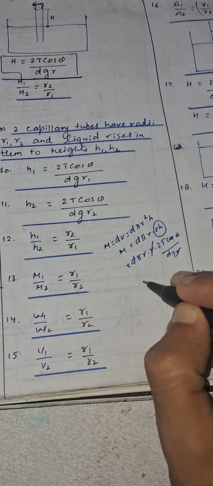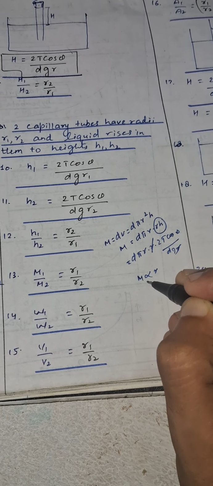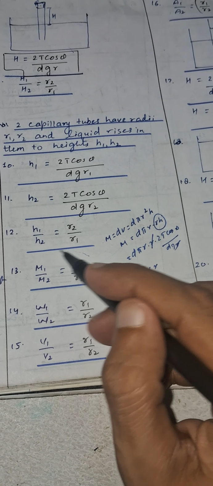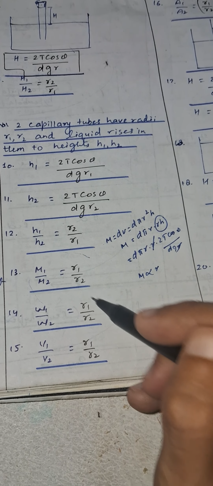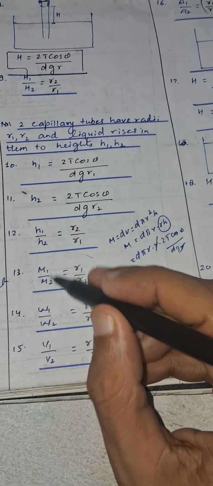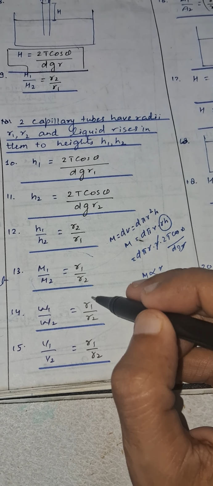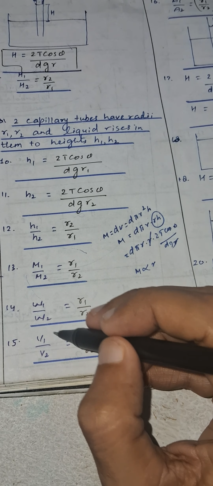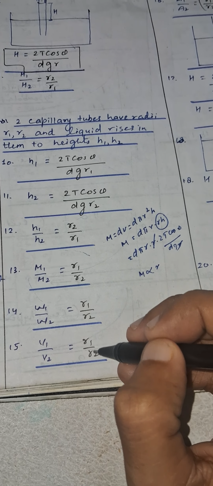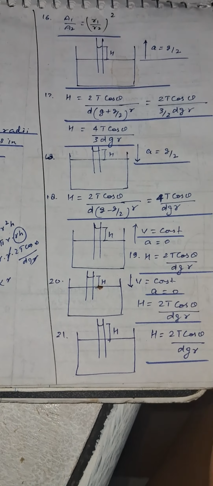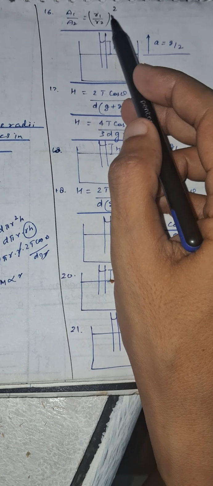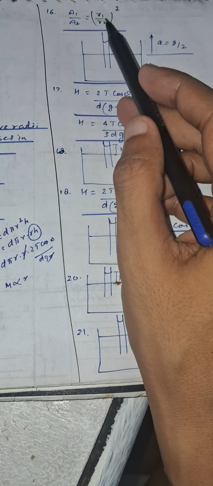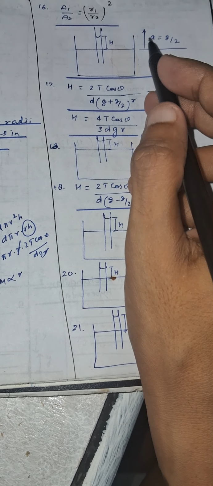This r will get cancelled out, and we have the proportionality that mass is proportional to r. So based on this, we have m1 by m2 is r1 by r2. Weight will be proportional to the mass, g will get cancelled out, so that will be r1 by r2. Again, volume will be proportional to the mass, so that will again be r1 by r2. Then area is proportional to pi r square, so that will be r1 upon r2 whole square.